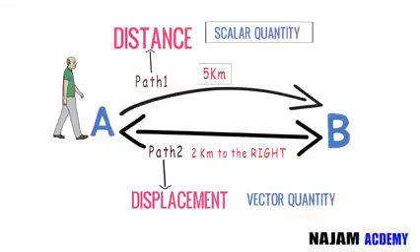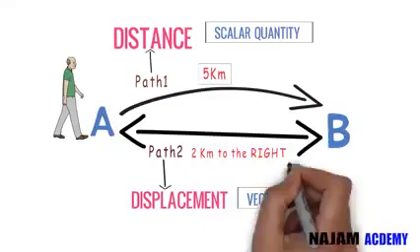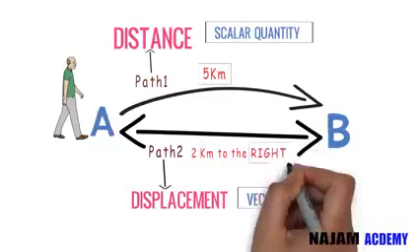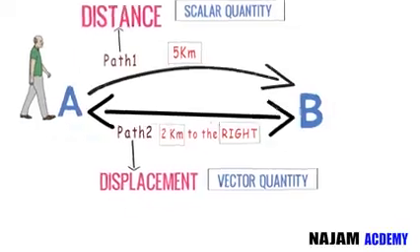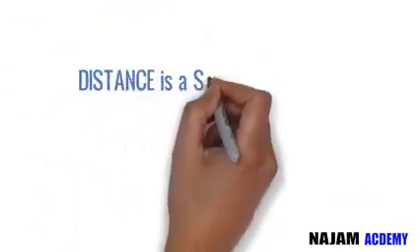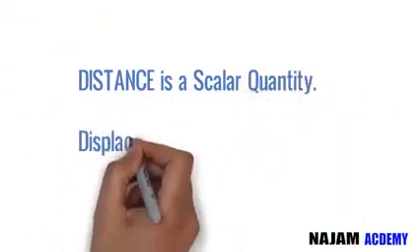It is giving us the direction, which is to the right. 2 kilometers is the size of displacement. So displacement is giving us the size and direction. Keep it in your mind, distance is a scalar quantity.